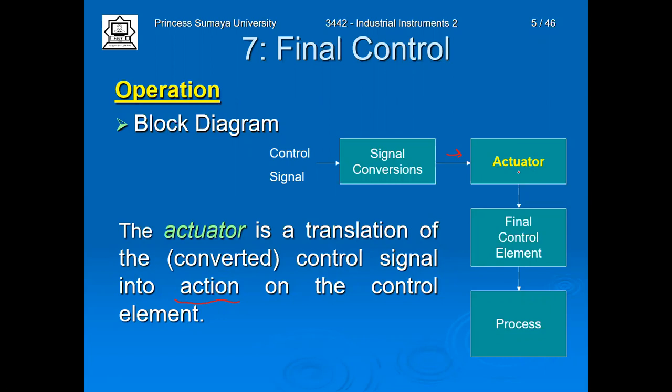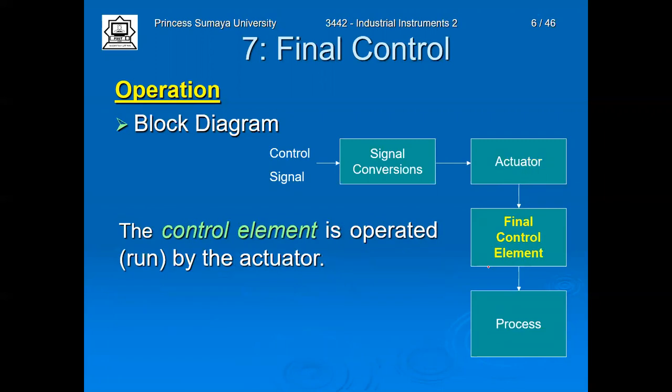Usually, in most cases, the action is a type of mechanical action, like linear movement or rotational movement. Linear movement, either push or pull. Rotational movement, either clockwise or anti-clockwise.